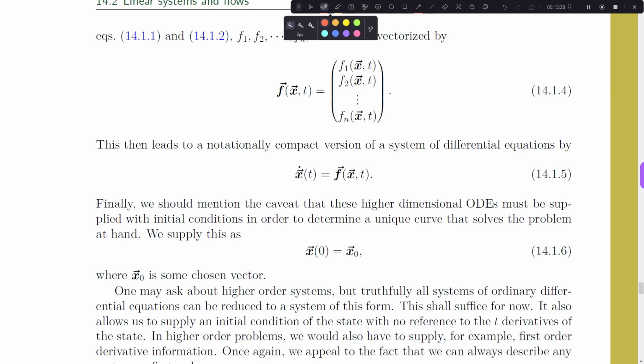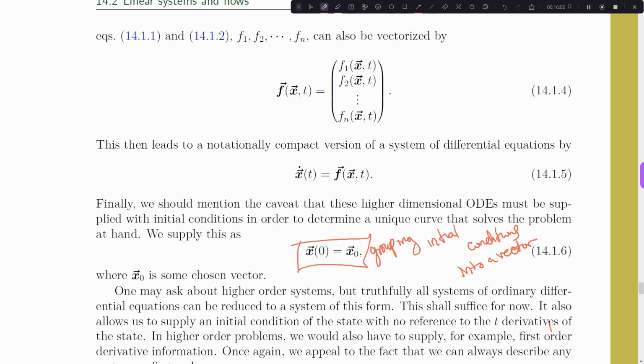If we group initial conditions together into a vector. You'll recall your initial conditions, at least in one dimension from the previous semester. Each one of the differential equations is itself going to have its own initial condition, and then we can just group them all into a vector as well. So really, we just have an initial value problem, which is now vector valued.